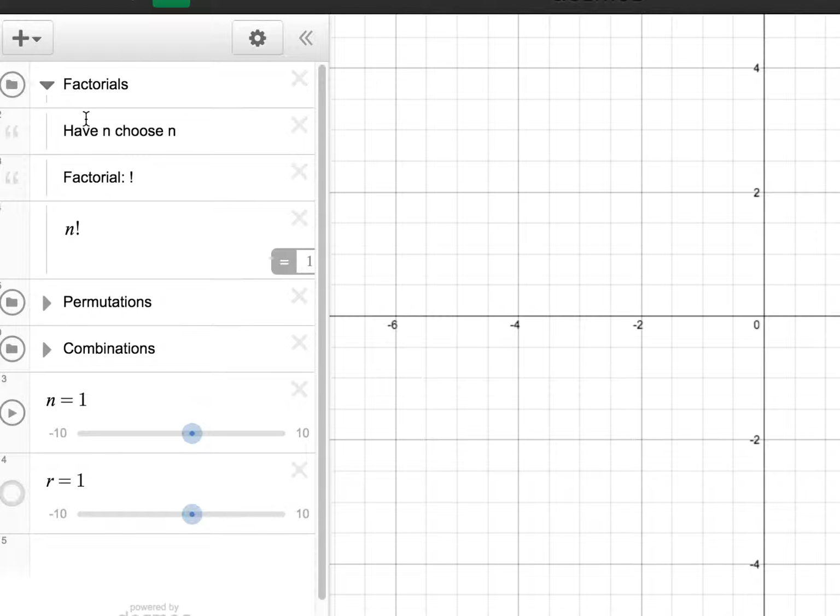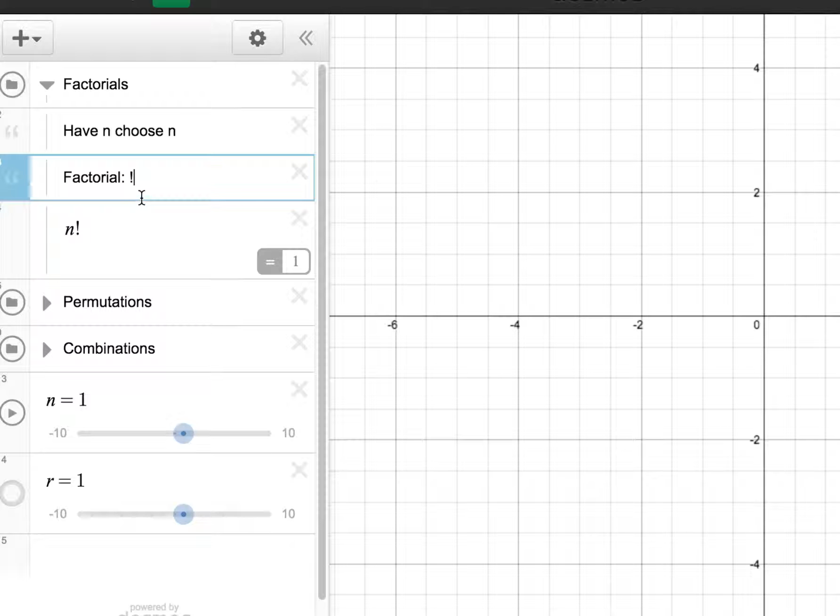So a factorial is when you have n things and you're going to choose to do something with those n things. So how many different ways can I have 8 different toppings on my sundae? Now, the factorial operator is that exclamation point.